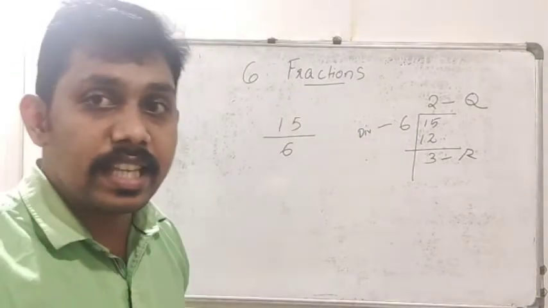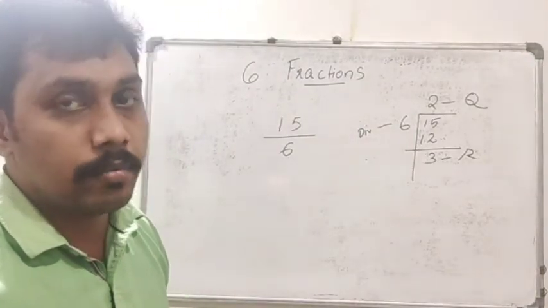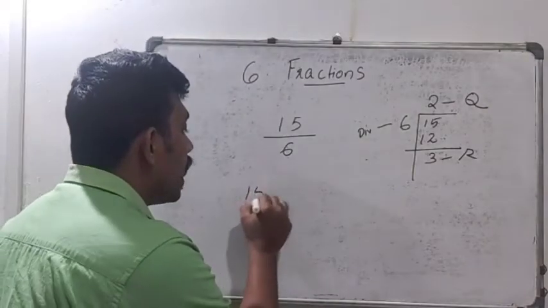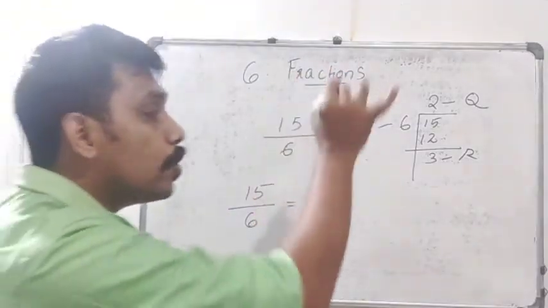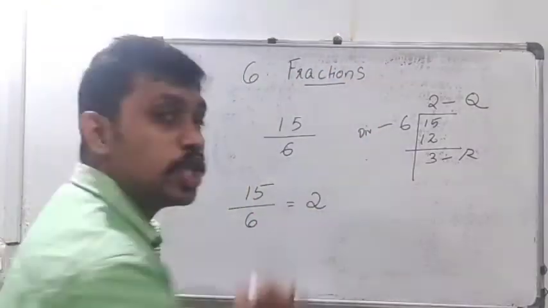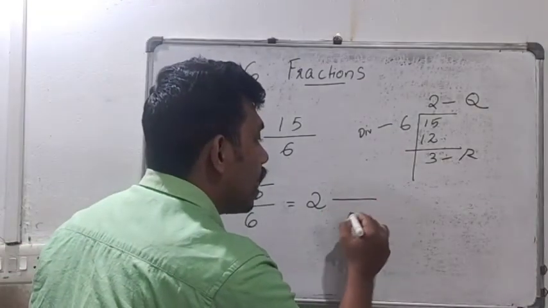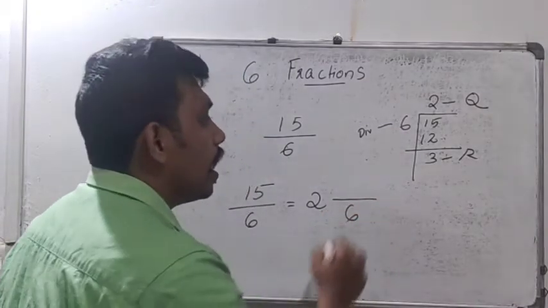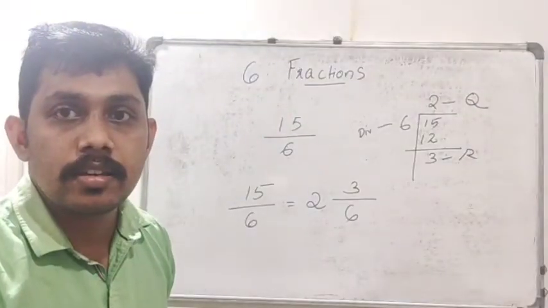If we get the quotient, divisor and remainder, then we can write the improper fraction as: write the quotient as the whole number 2, the divisor as the denominator and the remainder as the numerator, 3 by 6.